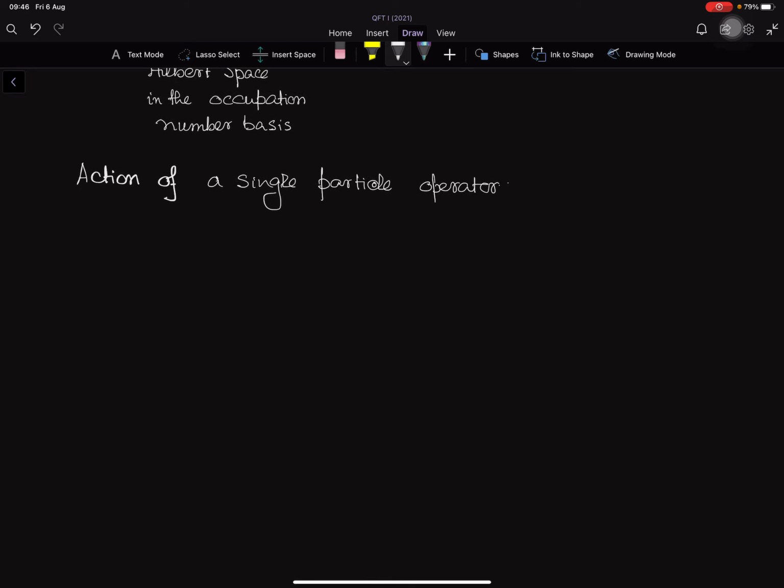Let's say there is some operator f which takes a state from i and maps it to j.